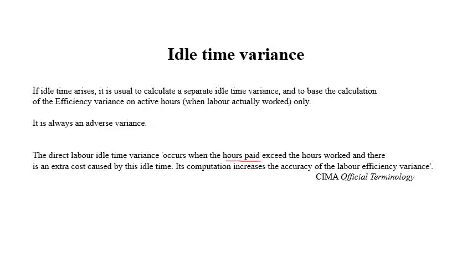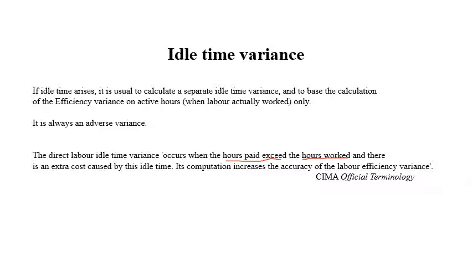You paid an excess amount for the time period in which the labor did not work, and there is an extra cost caused by this idle time. Its computation increases the accuracy of labor efficiency, because if you do not calculate it separately, it would be considered that the labor was not very efficient in manufacturing the products.